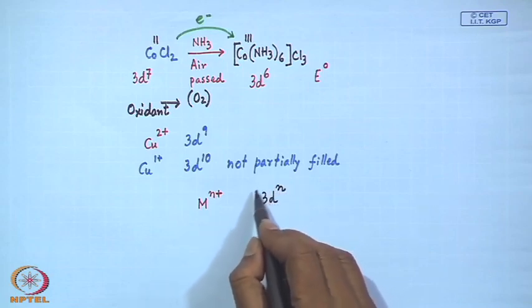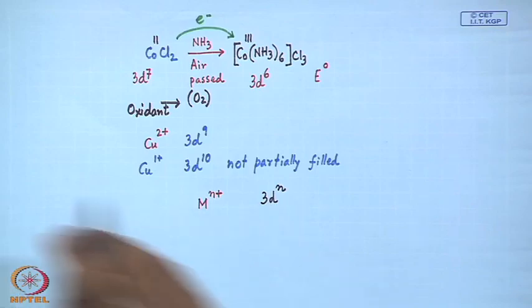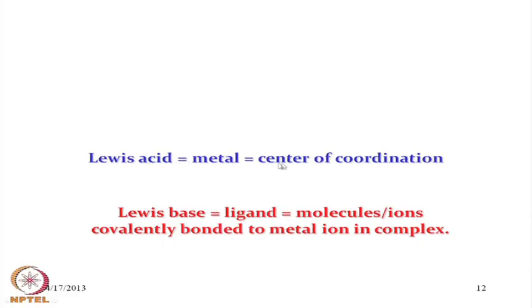So, this particular center can function as a Lewis acid. So, the center for forming the corresponding coordination bond or the coordination complex is always a Lewis acid, and is surrounded by some amount of bases.